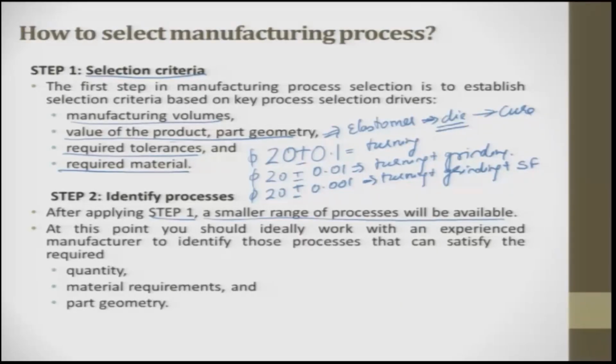At this point, you should ideally work with an experienced manufacturer to identify those processes that can satisfy the requirement of quantity, material requirement, and part geometry. So, after deciding the manufacturing process, it is now more towards process parameters, work holding device, tool geometry, and so on.